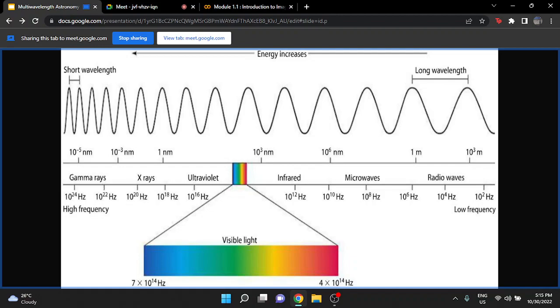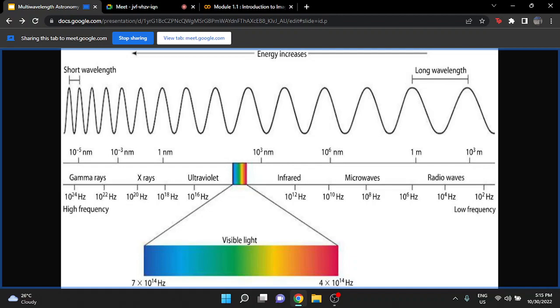So it's interesting how much of our surroundings is dependent on the surface temperature of the sun and what wavelength it emits. And it's interesting that we are now living in a period where we understand the reason why some of the things we see on Earth are the way they are.